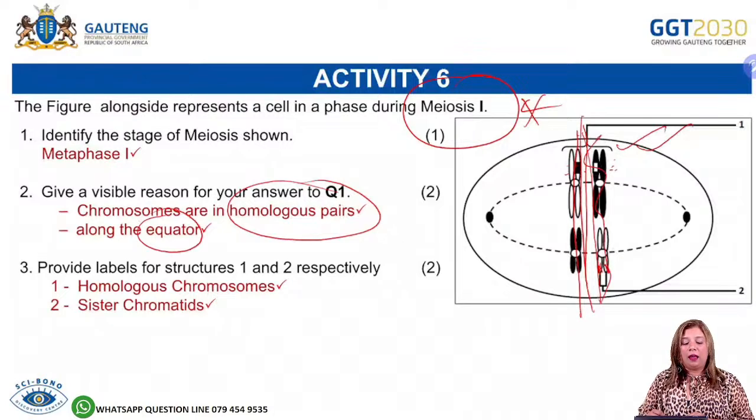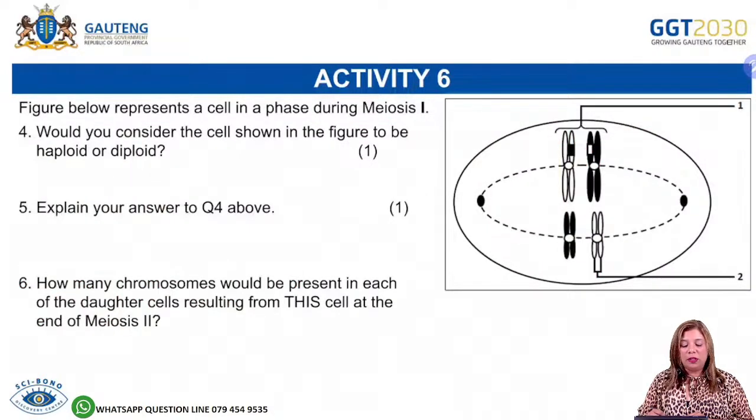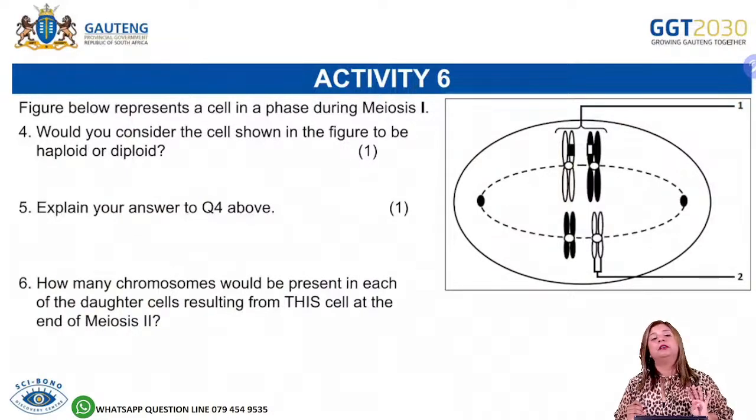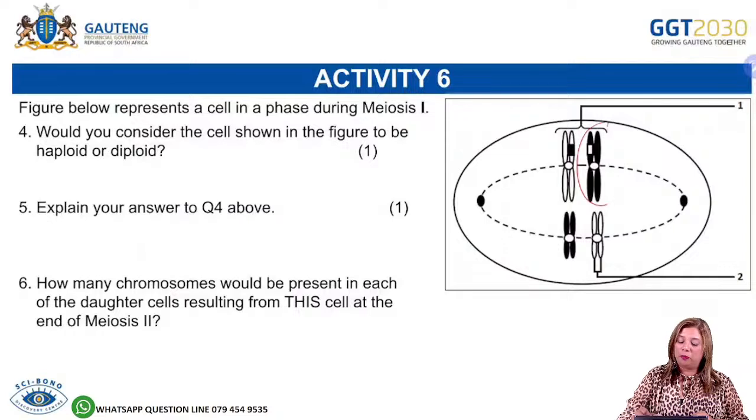Okay? And then, would you consider the cell shown in the figure to be haploid or diploid? I would consider it diploid because I can see homologous chromosomes. Remember I told you the clues we need to look for. Crossing over has occurred, but these chromosomes have not been split as yet. They have not been separated.